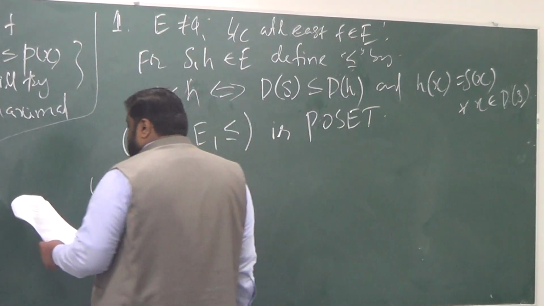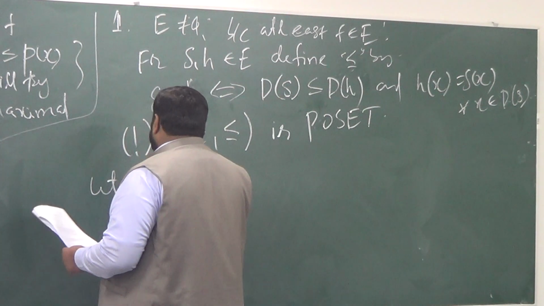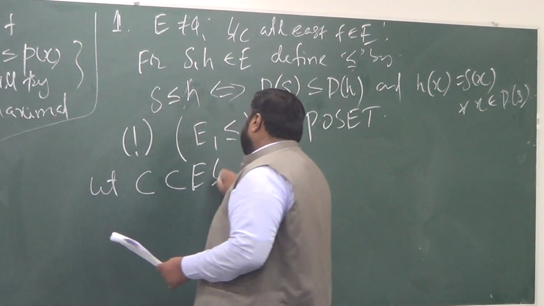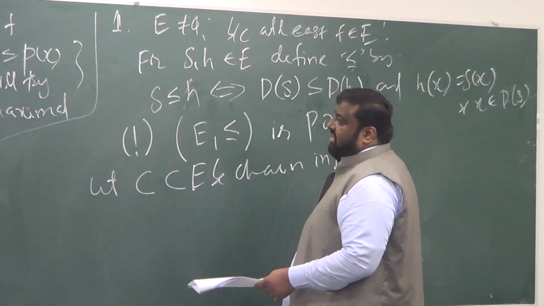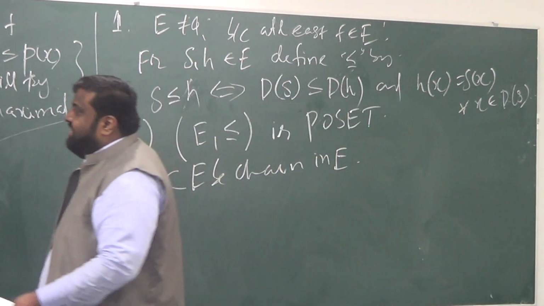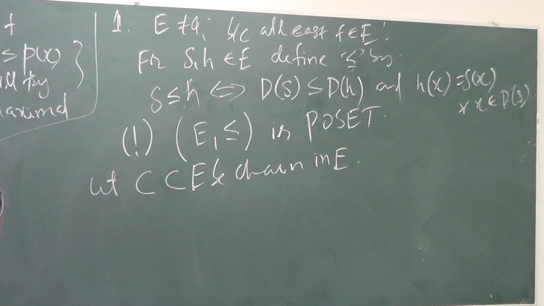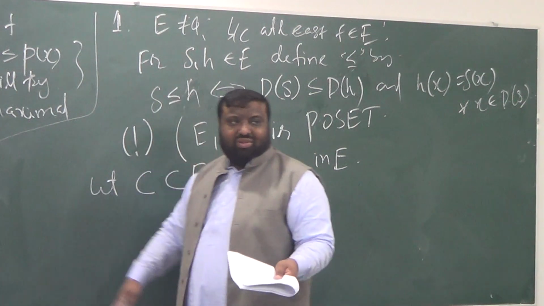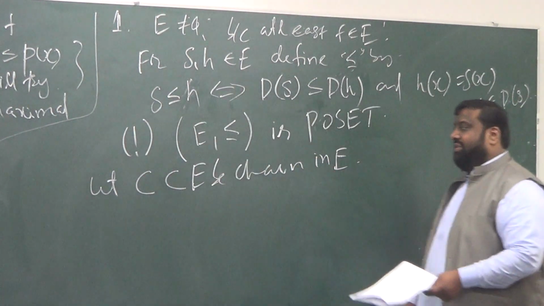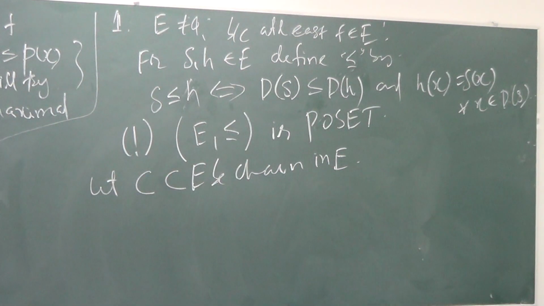So let C be a chain in E. I mean, if you want to treat it, you can treat it like the way I wrote that F1 is less than or equal to F2, F2 is less than or equal to F3, and so on and so forth with respect to this order.